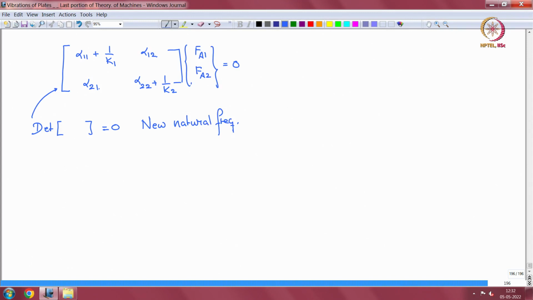And also, let's say you have this plate over here. And suppose along some line I have arranged a bunch of springs, not just 2, even more, let's say.